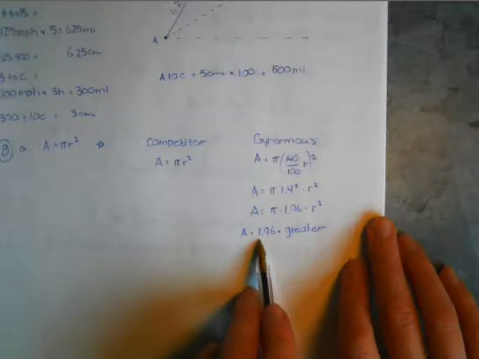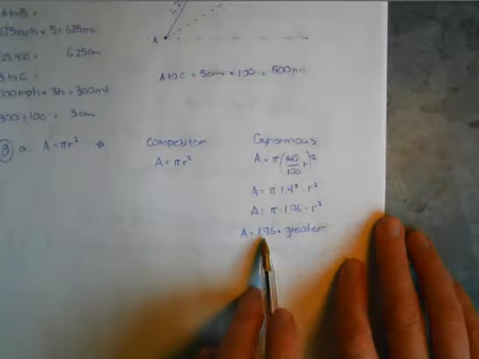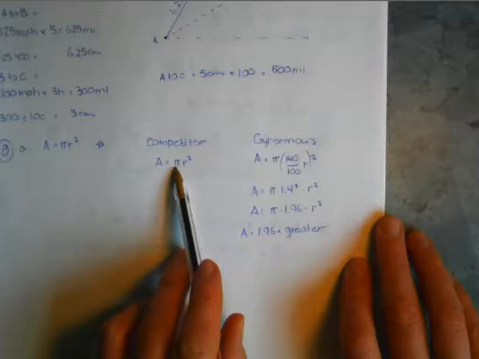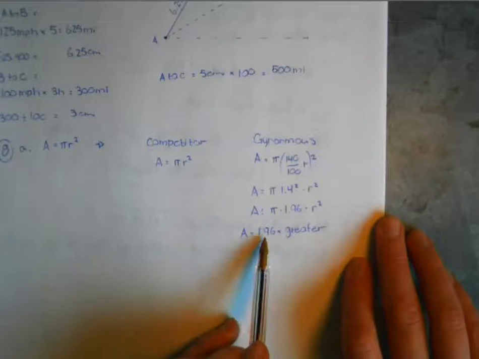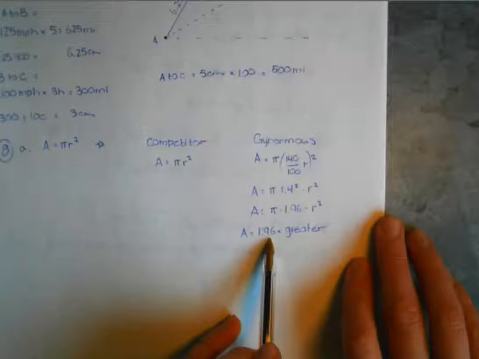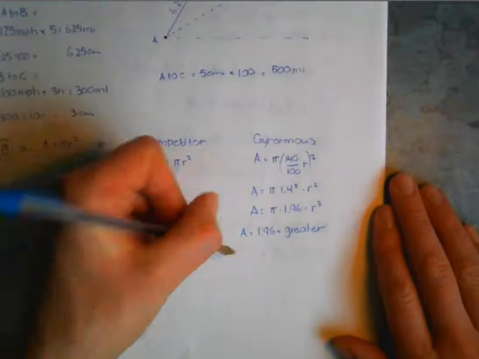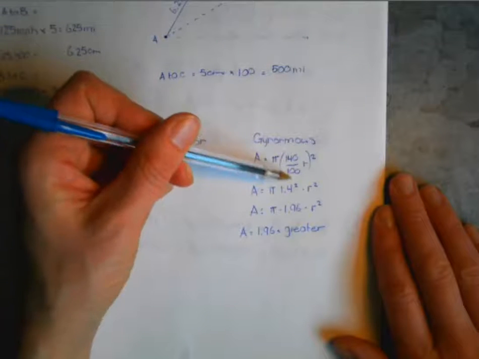Now, what does 1.96 mean in terms of a percent? Because they asked what's the percent increase in area. So remember that the 1 represents that they have the full size of the competitor's pizza, 100% of their size, plus whatever is after the decimal is the increase above that size. So if we think about what we did here, 140 divided by 100 was 1.4.